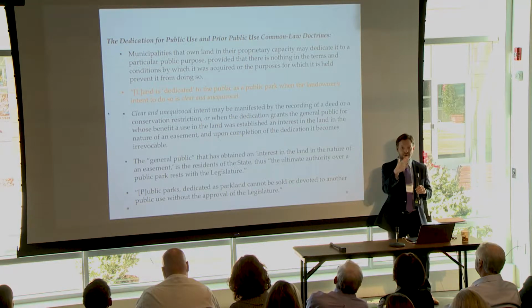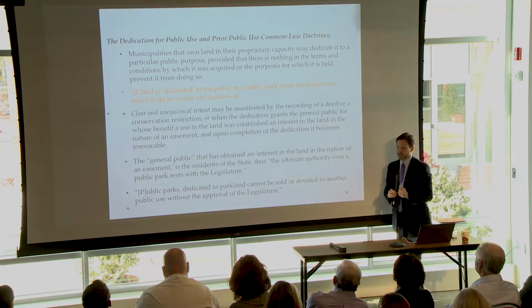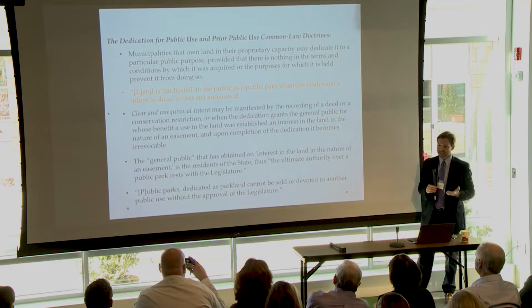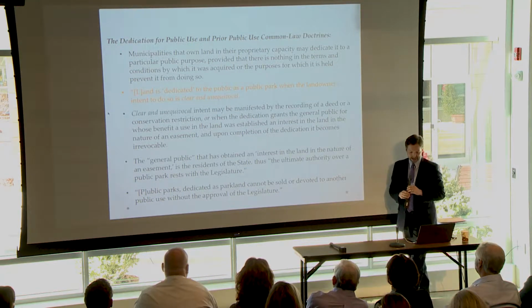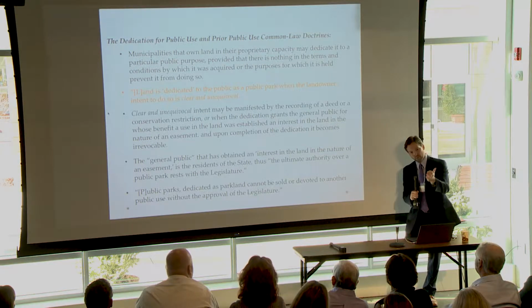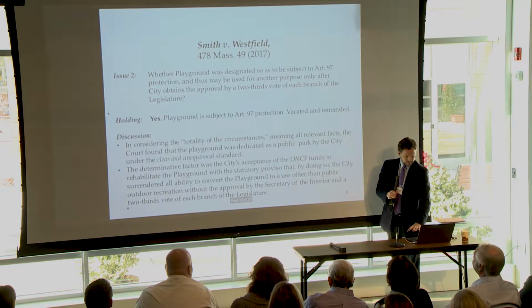So again, you're not just going to the Registry of Deeds. You're not just looking at town meeting votes. You're not necessarily just looking at the way the property's actually been used. You're going to look at all of these things together to try to understand better what not only the intent originally was for the property, but what's been demonstrated as the intent since then.